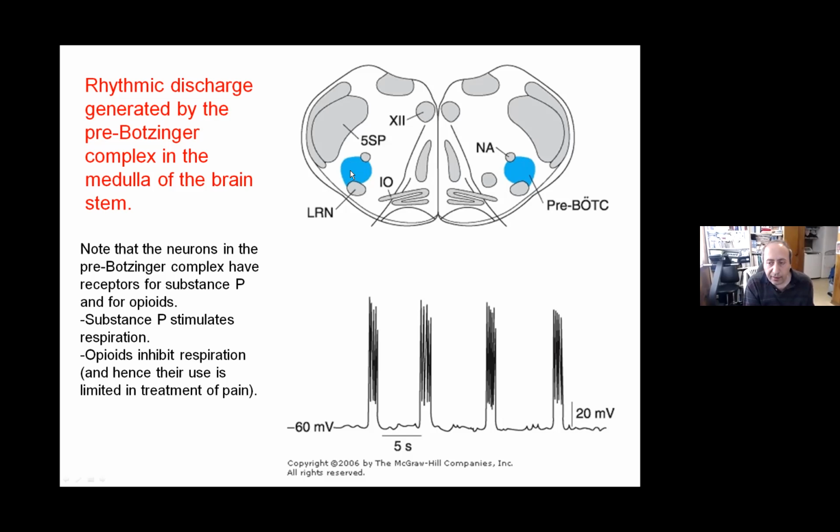It's not a nucleus that can be identified in terms of boundary. It's like scattered neurons that are interconnected. If we do recording from these neurons, we can see a pacemaker activity in the form of bursting.